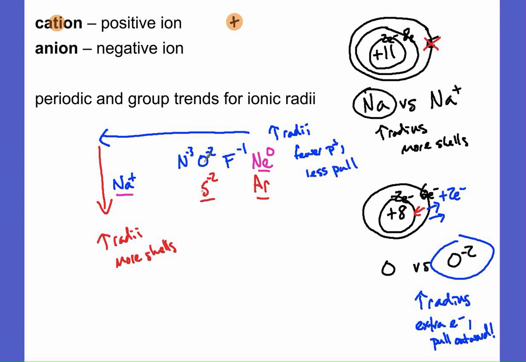So you can only do simple comparisons with things that are close together: non-metals compared to other non-metals, and metals compared to other metals. Because if you put magnesium right next to sodium, magnesium with a +2 charge is actually going to be smaller than sodium, just like you could predict using our general trend here. They both have the same number of shells, and they both are trying to look like neon. But magnesium has more protons than sodium, so it pulls in more.